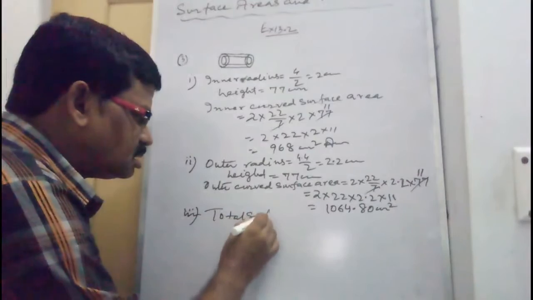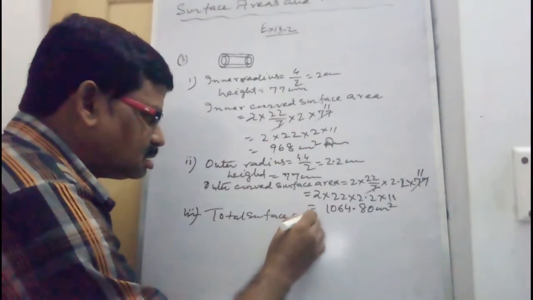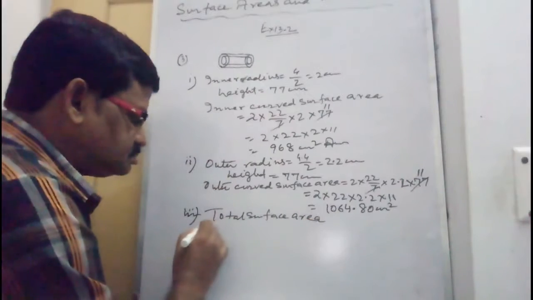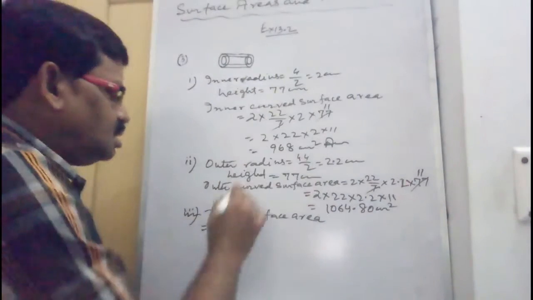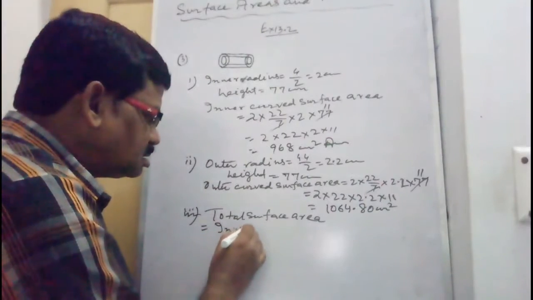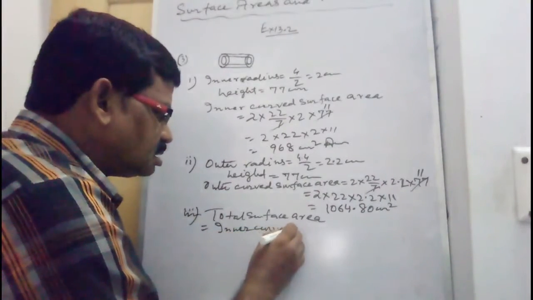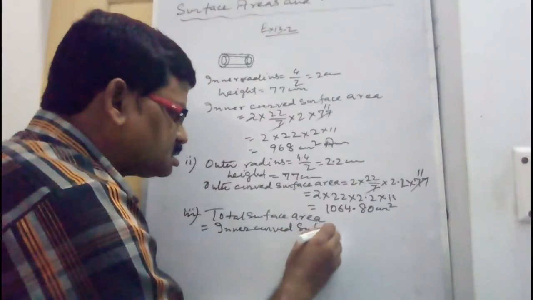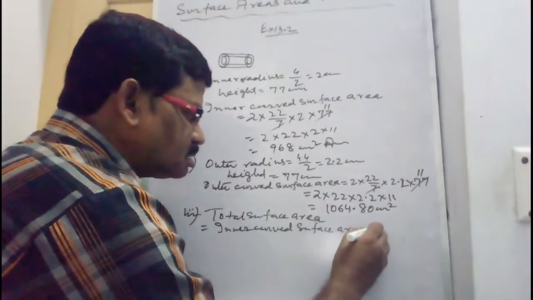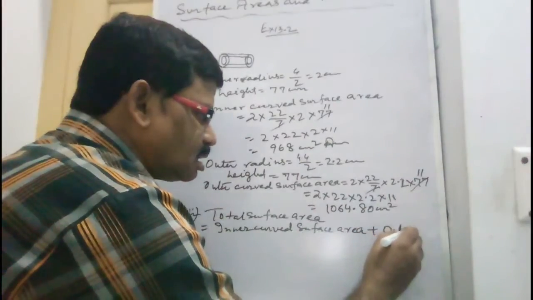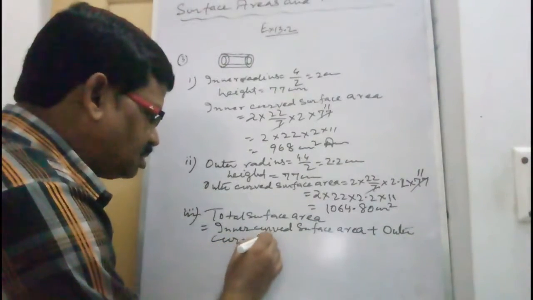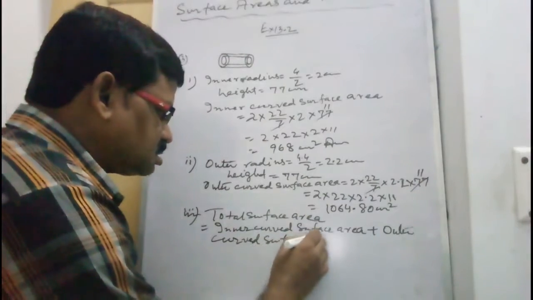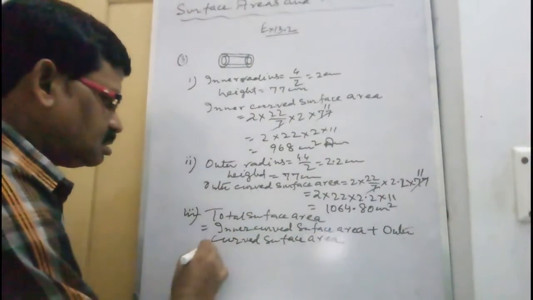The total surface area is inner curved surface area plus outer curved surface area.